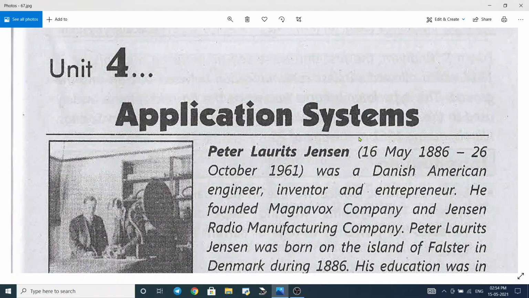We know the simple application systems like a public address system, that is microphone, mic, amplifier and loudspeaker. This is an analog system.